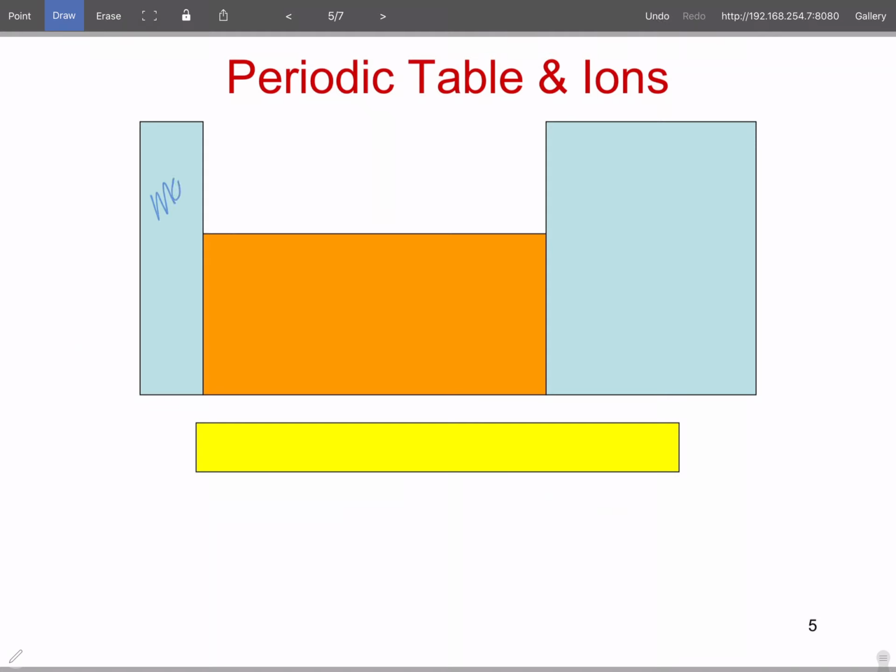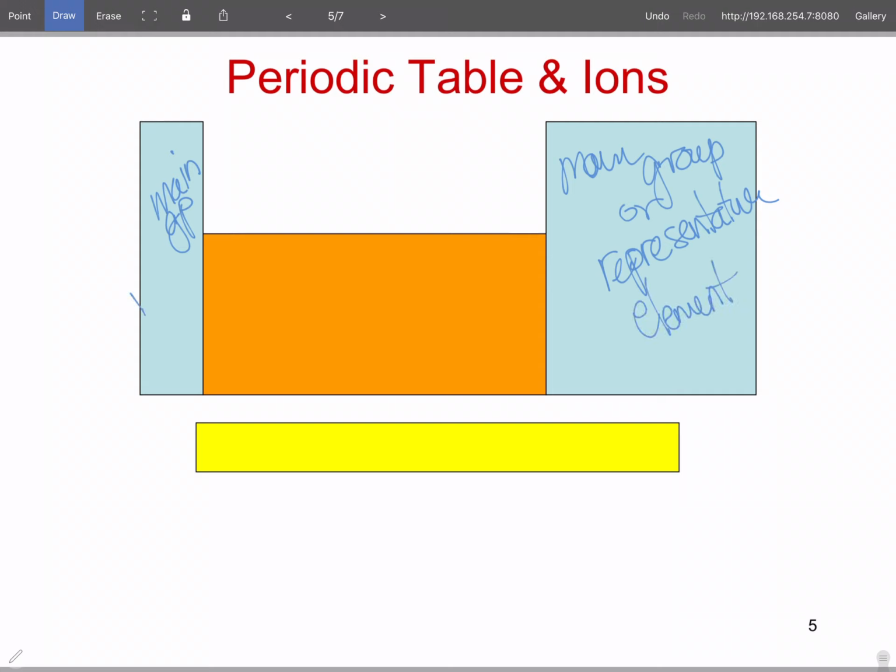The blue are the main group, or representative elements. So those are the blue ones.